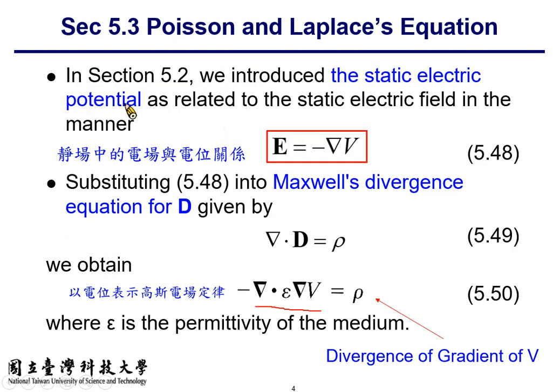So we already saw in section 5.2 that for the steady state case, that is, with no time variance, the electrical field intensity can be expressed as the minus of the gradient of V. V is the electrical potential, which is conventionally referred to as the voltage.